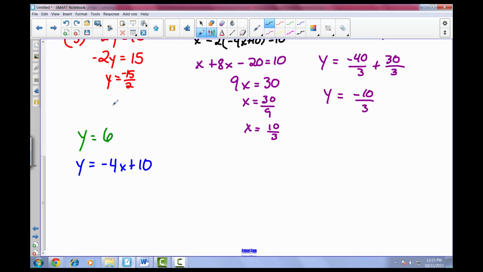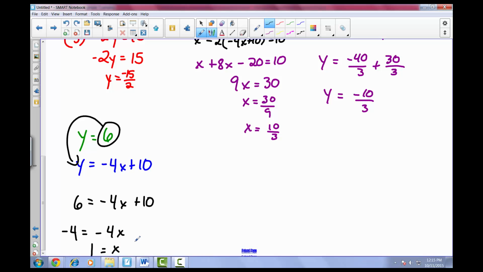Using the substitution method, we know that y is equal to 6, so we throw that into the equation for our other line. We end up with 6 is equal to -4x plus 10. Now solving for x, you'd subtract 10 from both sides, leaving you with -4 is equal to -4x. Dividing both sides by -4, x comes out to be 1.